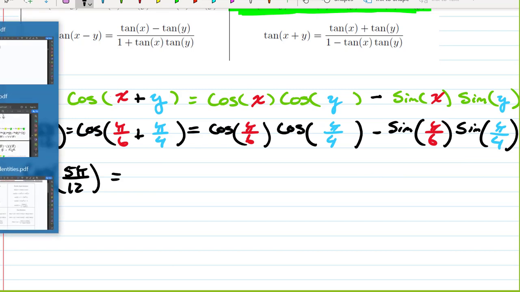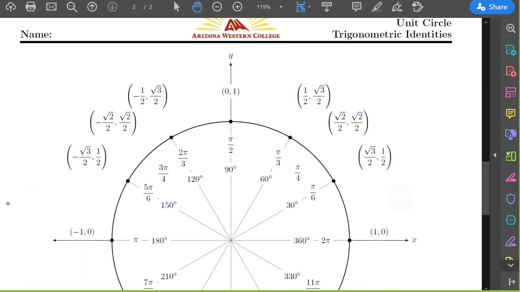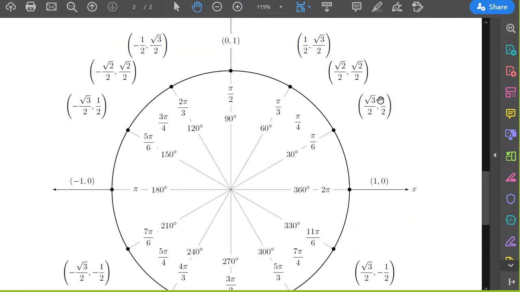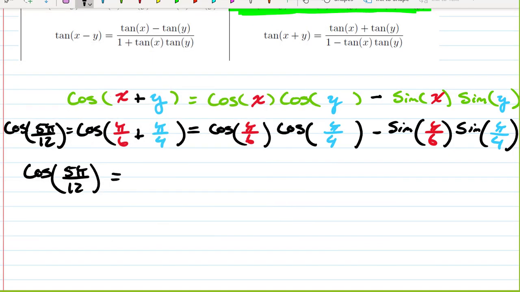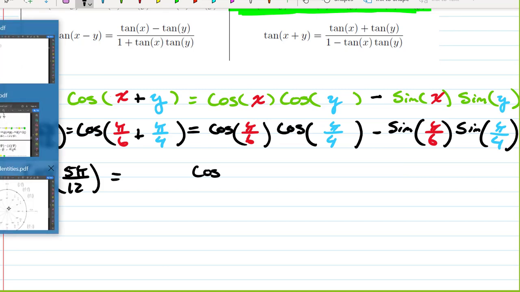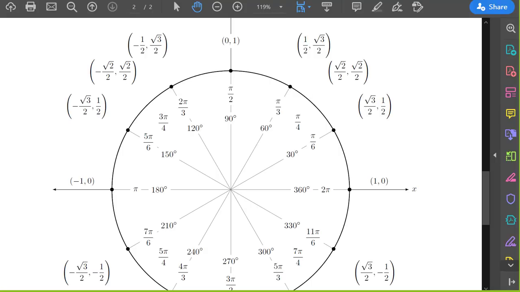So the cosine of pi over 6, we go to pi over 6 and cosine is going to be x, and the sine of pi over 6 is going to be 1/2. And for pi over 4, cosine is root 2 over 2 and sine is root 2 over 2. So the cosine of pi over 6, as we just said, is going to be root 3 over 2.